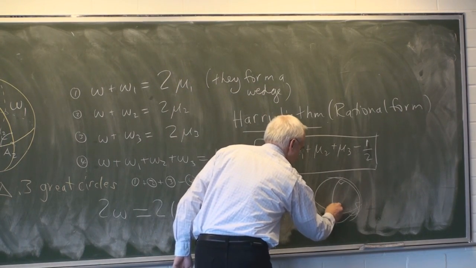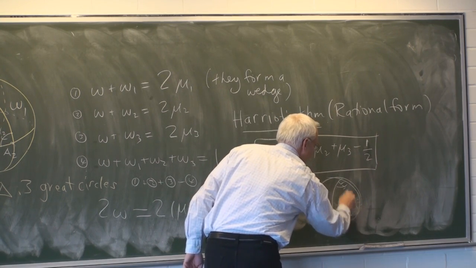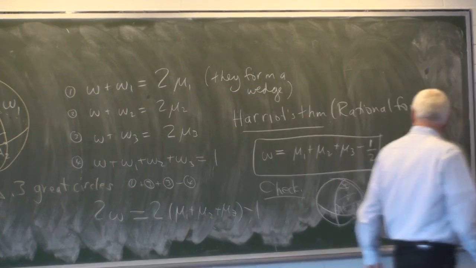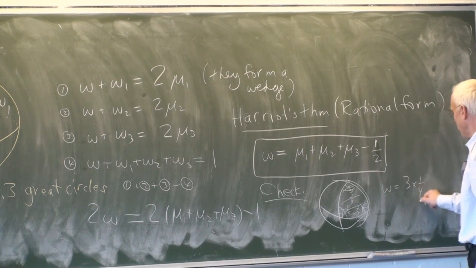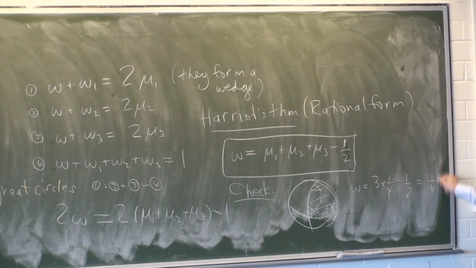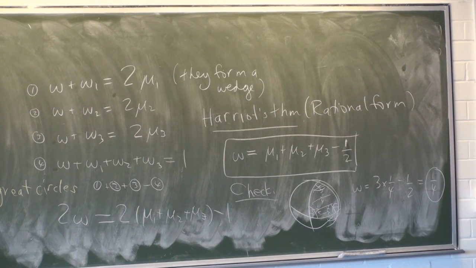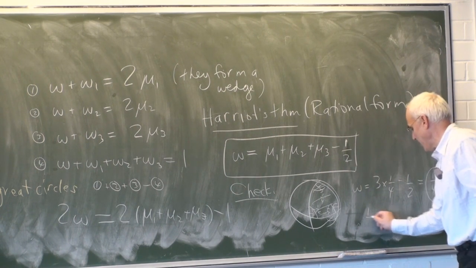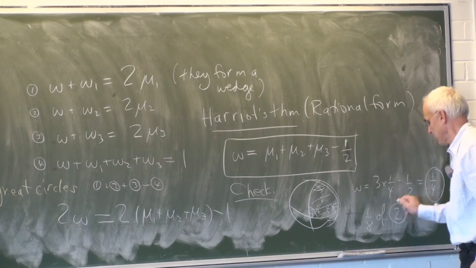So we have a turn of a quarter at each one of those pieces there. And so that triangle there will have omega equals, well, there'll be 3 times 1/4 minus a half, which is 3/4 minus a half, that's 1/4. And that is indeed 1/8 of the total. So that does make sense. 1/8 of the whole sphere, which is 2.